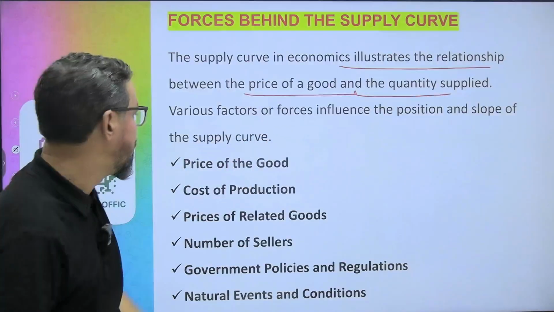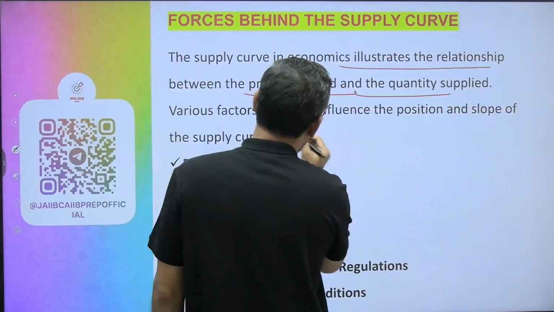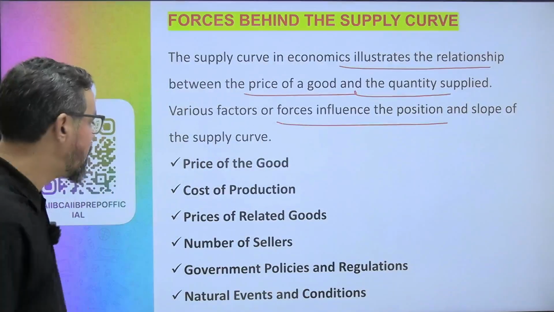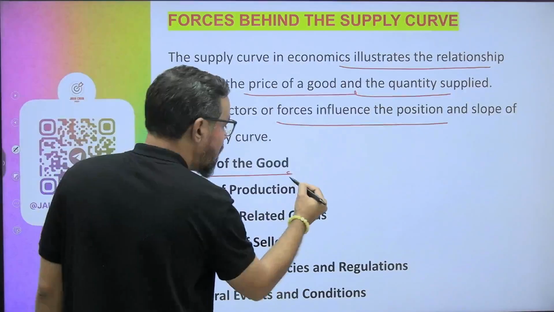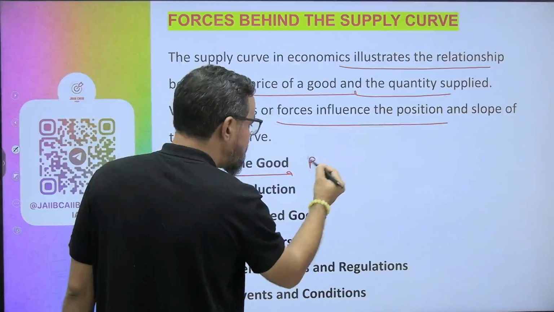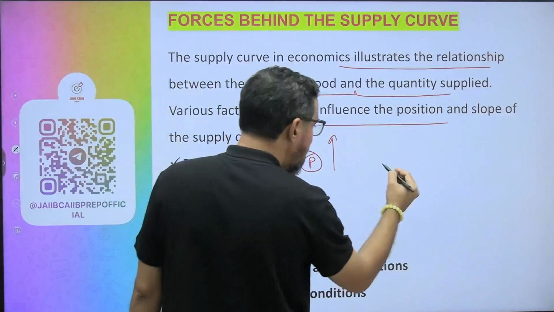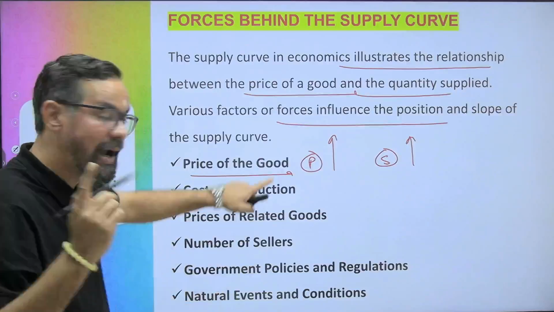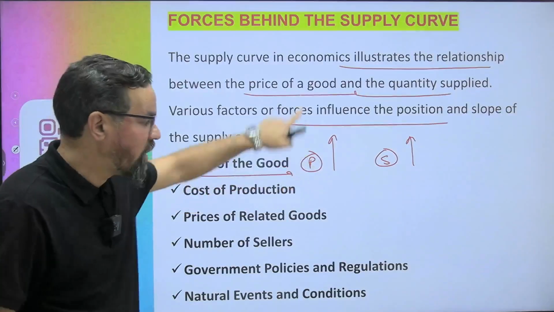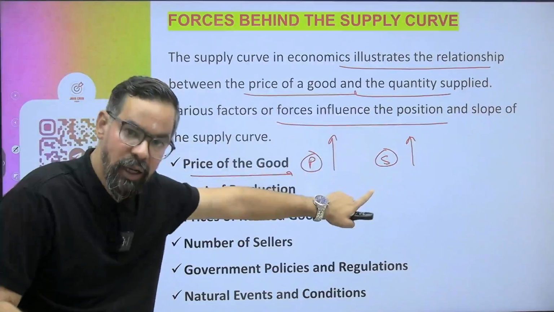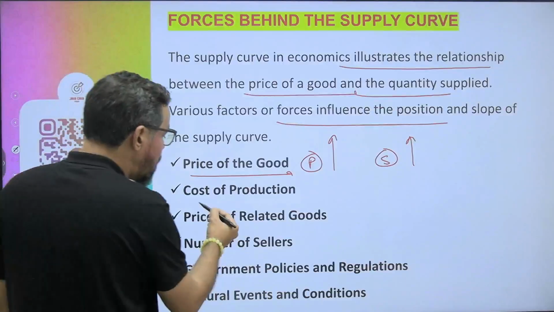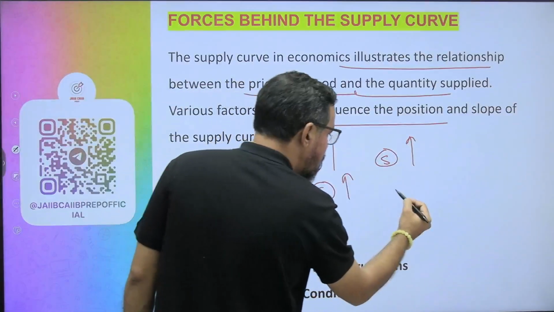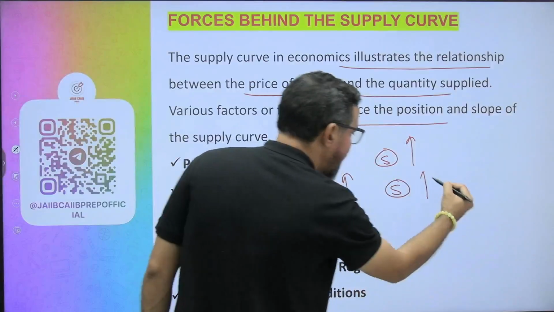Various factors or forces influence the position and slope of the supply curve, like the price of goods. If the price is higher, the supply will be higher. In the case of demand, there is a reverse rule: if the price is higher, quantity demanded will be lower. Cost of production: if the cost of production is higher, the supply will be lower, obviously.